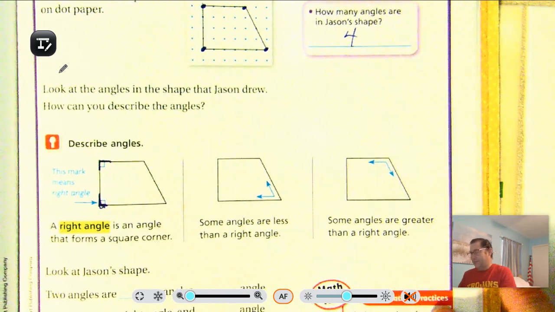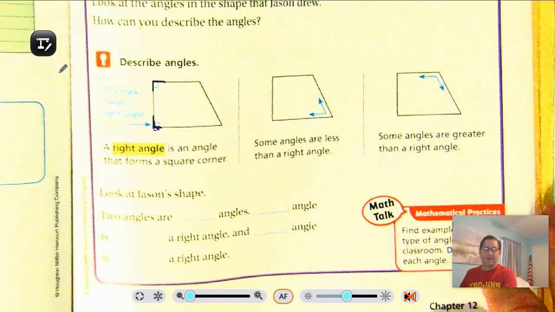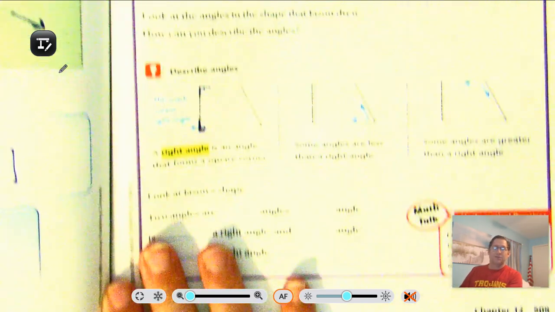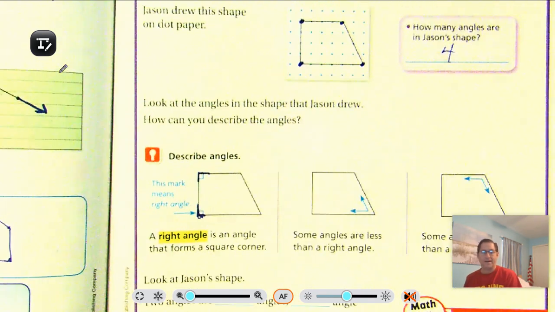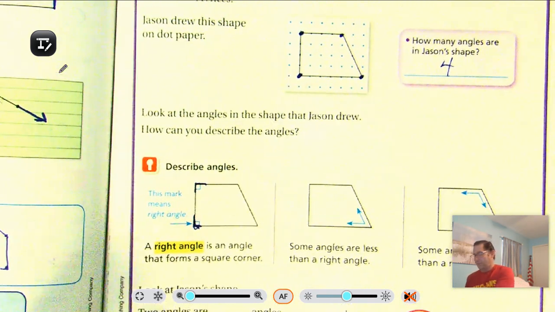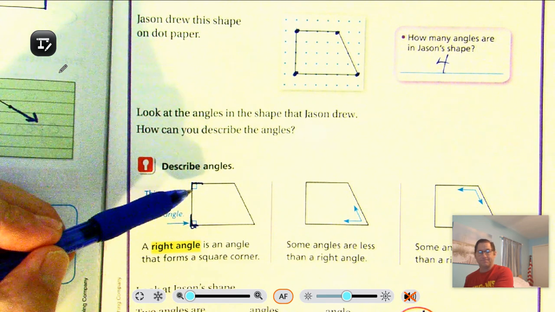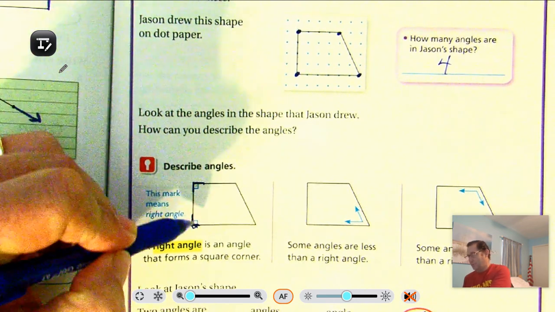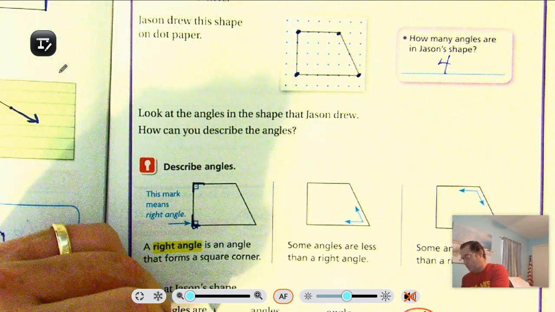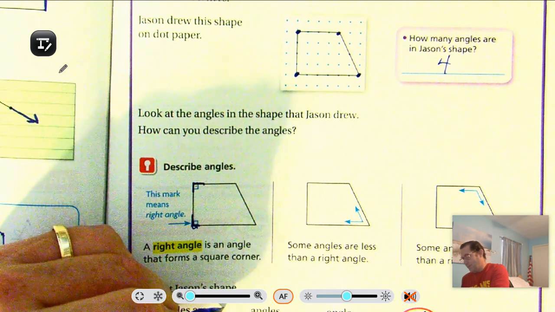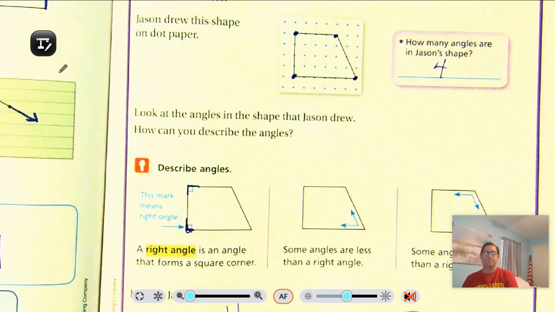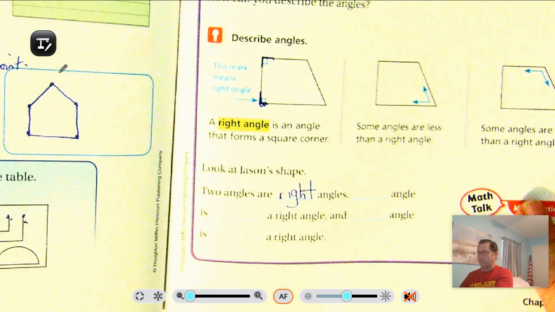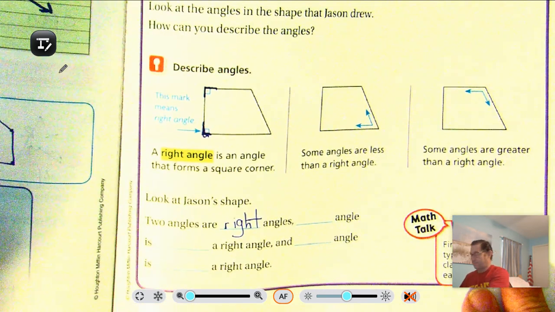So our question is, look at Jason's shape. 2 angles are what? Well, this was his shape, right? So I see 1, 2, two right angles.